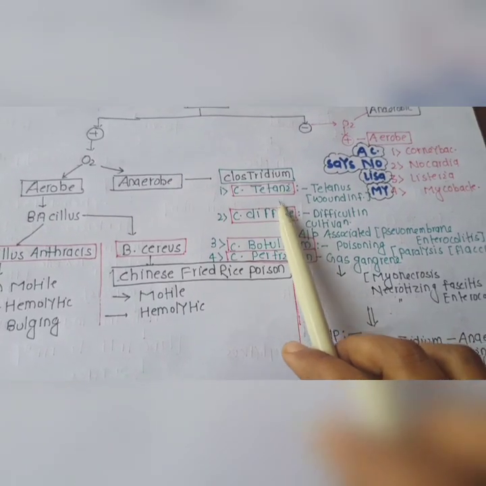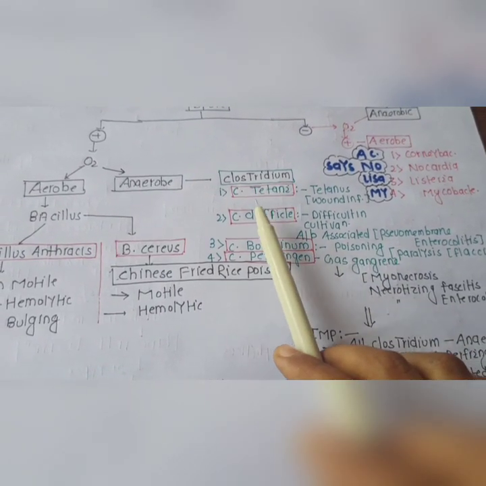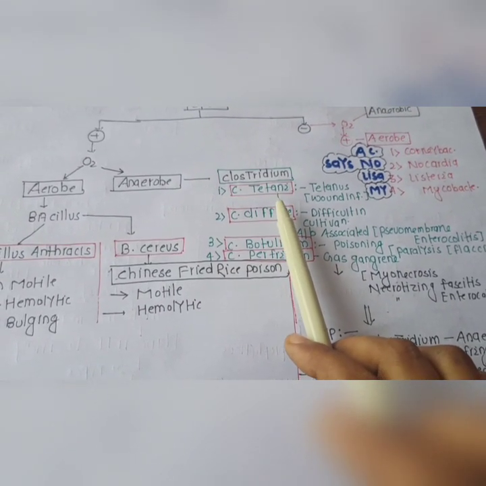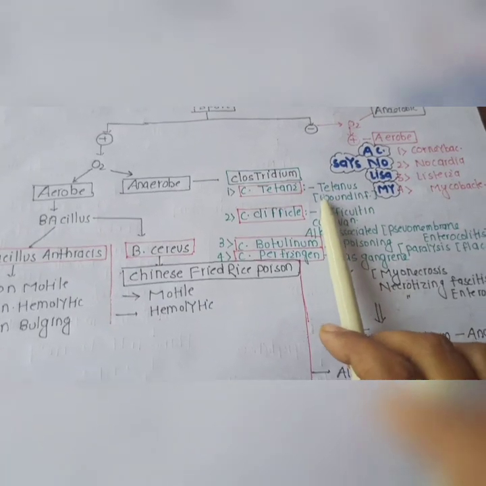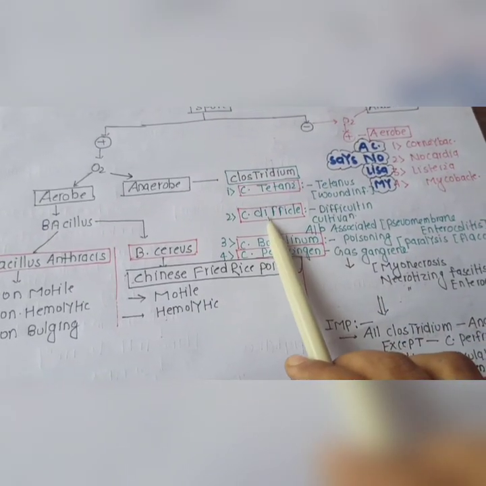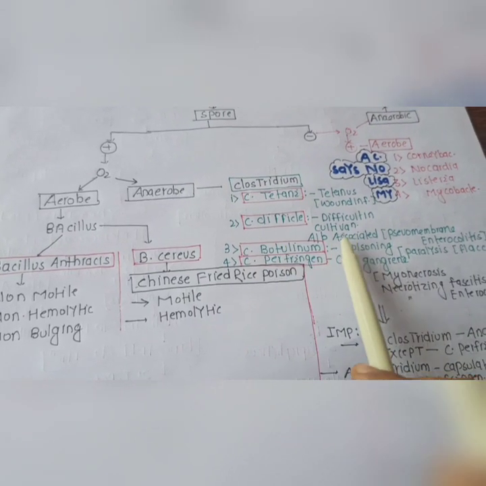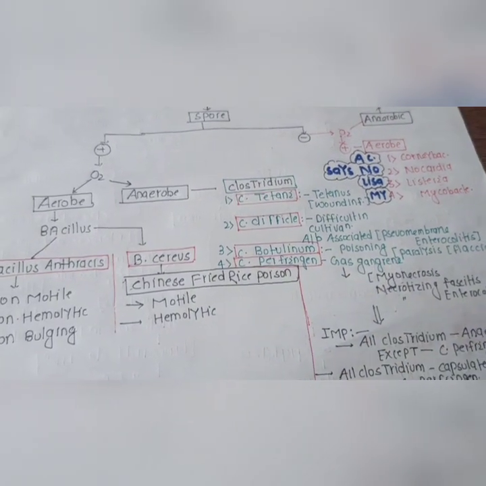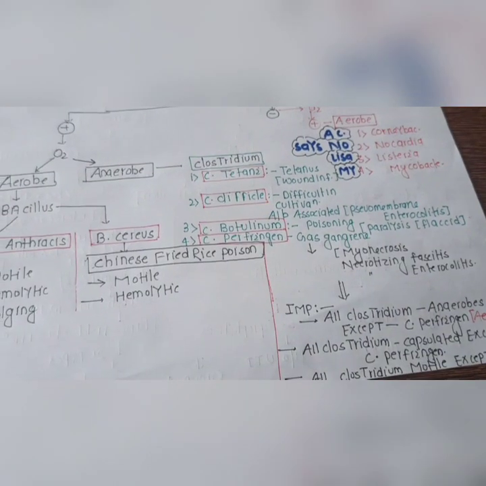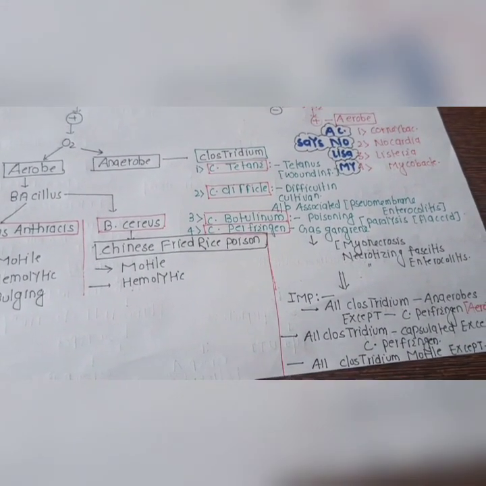Under it are four different bacteria. Clostridium tetani, as the name says, causes tetanus, wound infection. Clostridium difficile is difficult to cultivate and causes antibiotic-associated pseudomembranous enterocolitis.